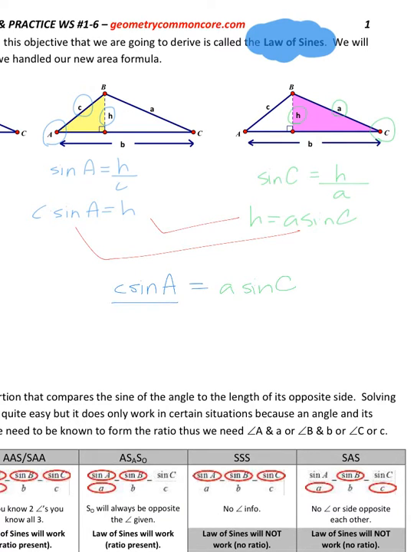From the left-hand side, we're going to divide both sides by C. Actually, let me write that underneath the sine C. And then from the right-hand side, we're going to divide both sides by lowercase side A. If you notice, the sides cancel out, and we're left with sine of A over lowercase side A equals sine C over lowercase side C.